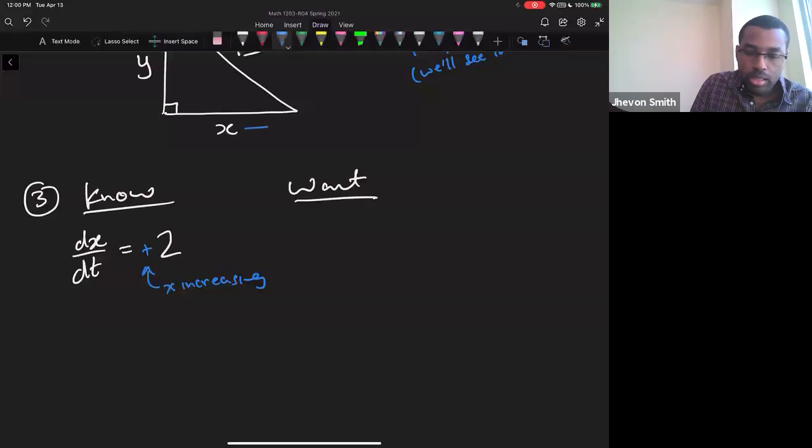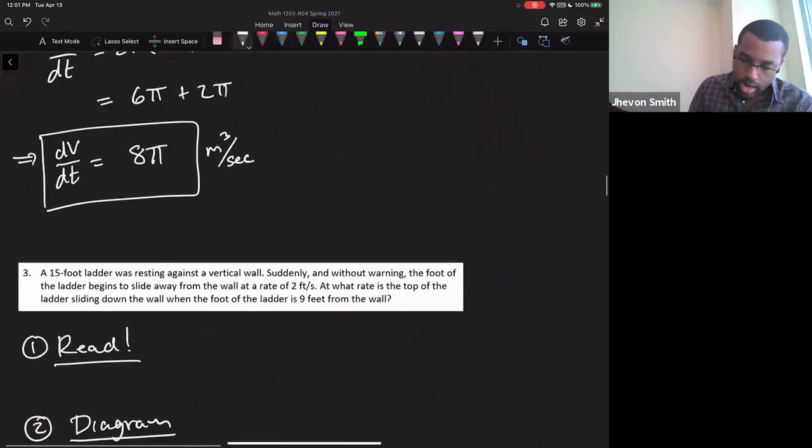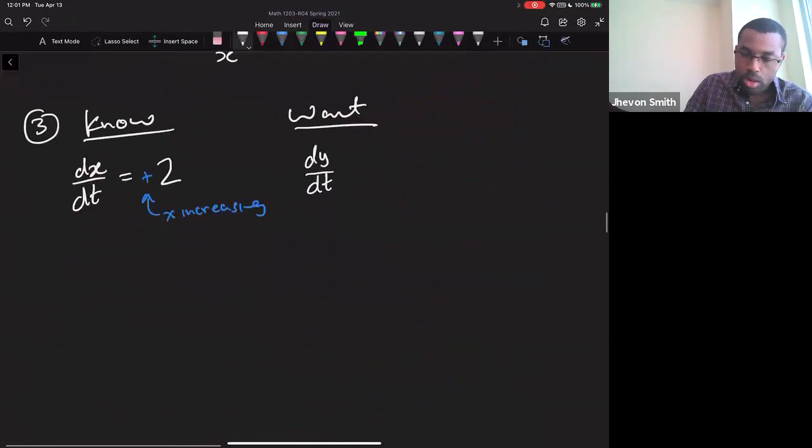If the foot of the ladder is sliding away, X is getting bigger. So it has a positive 2 rate. And what do we want? How fast is the ladder sliding down the wall? That's how fast the vertical height is decreasing when the foot of the ladder is 9 feet from the wall. That's what we want.